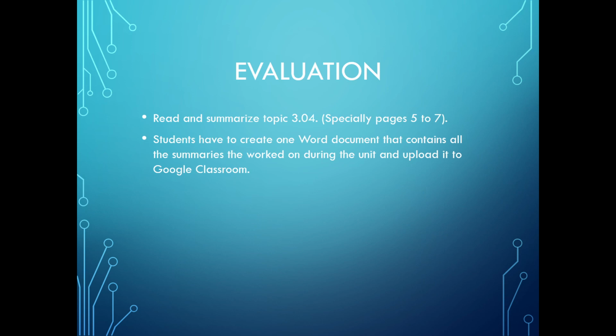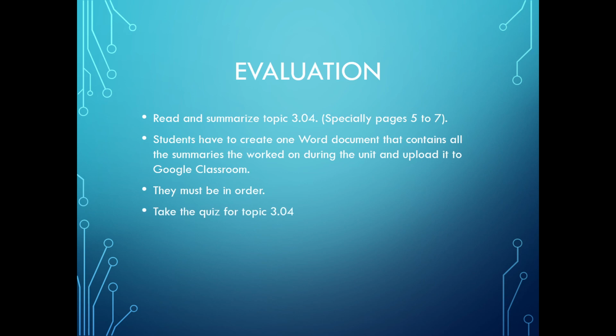I'm going to check only one Word document on Google Classroom. So I need you to open a new Word document, and there you copy and paste all of the previous summaries that you did during the unit. They must be in order, of course. The first one should be the one from week number 11. Then the second summary should be the one from week number 12, and so on and so forth.